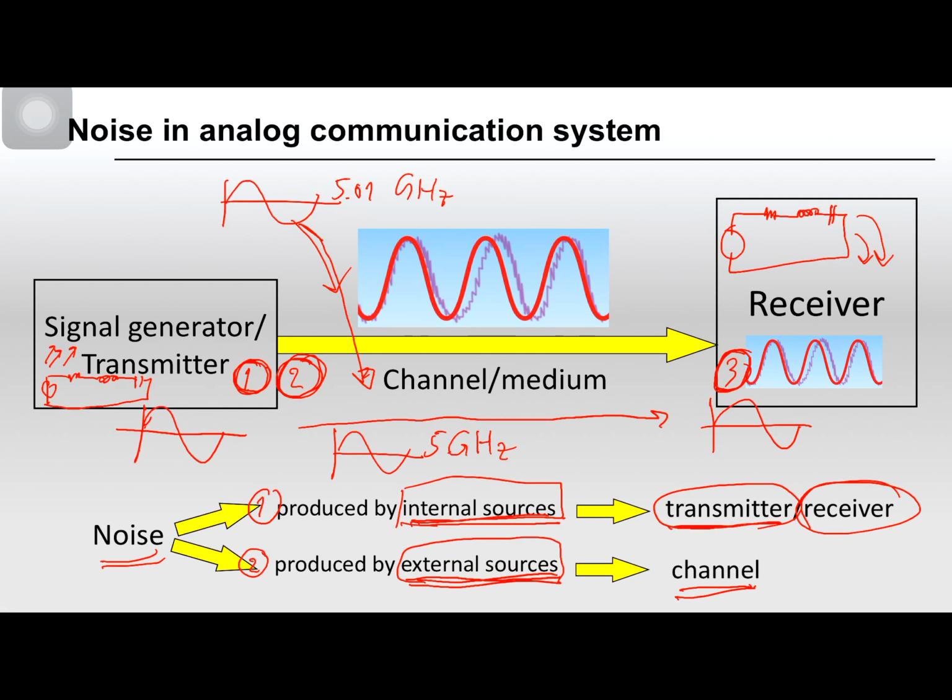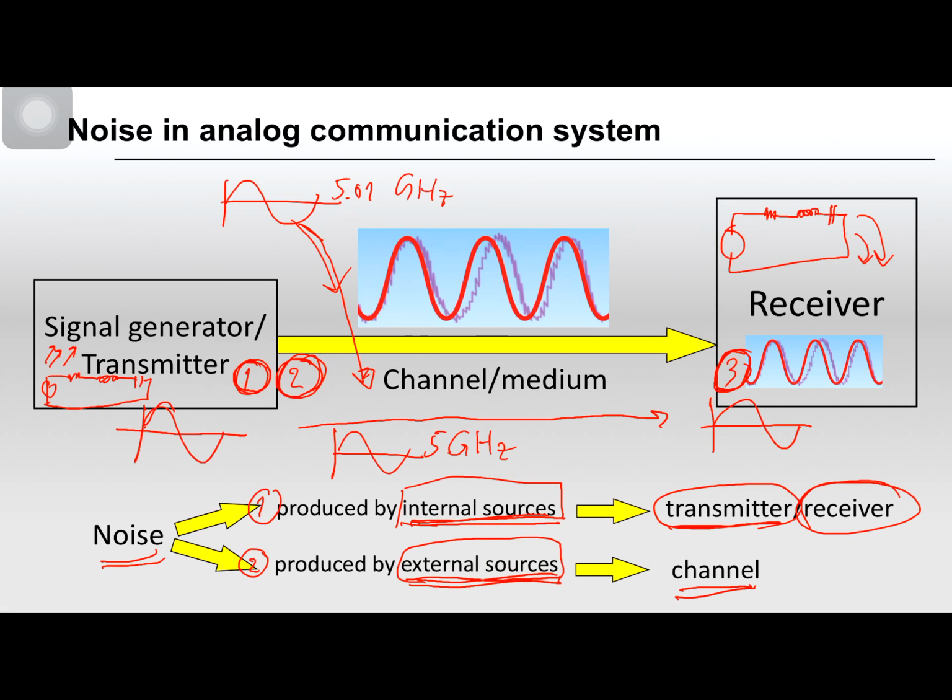But in the channel, it is hard to control the noise. It is also hard to protect the signal from outside that may interfere with our circuit, because everyone transmits the signal through the air. So it is hard to protect against the noise from other signals.